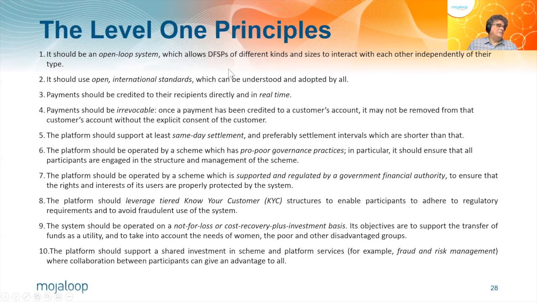So it should be an open loop system, i.e. it shouldn't matter what kind of institution you are. You should be able to join and contribute productively to a Mojaloop platform. It should use open and international standards which are easy to understand and which anybody, again, can adopt. So there shouldn't be a barrier because you're a particular kind of participant that means you can't join a Mojaloop system.